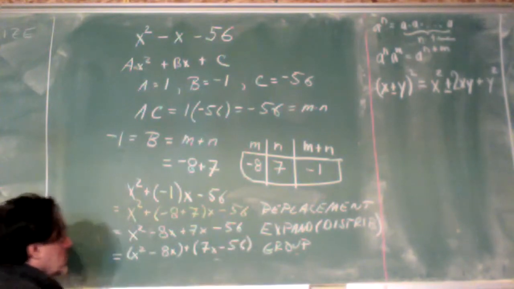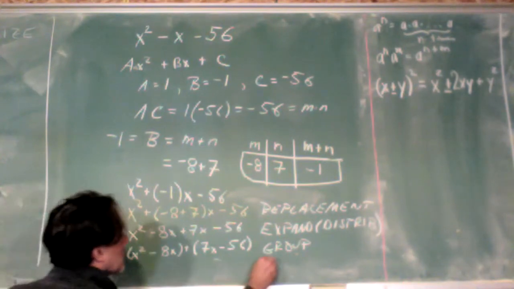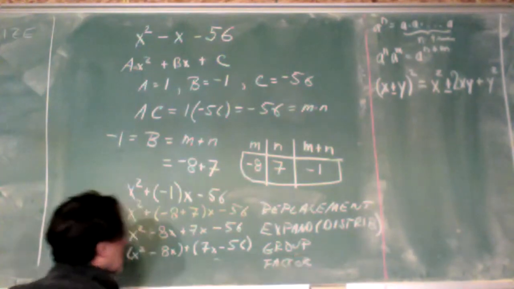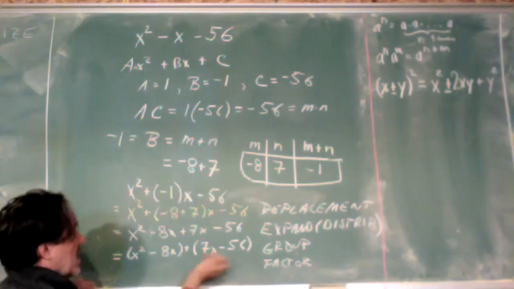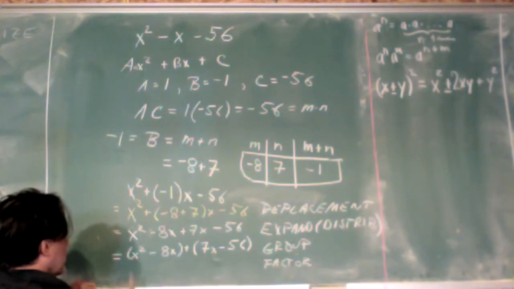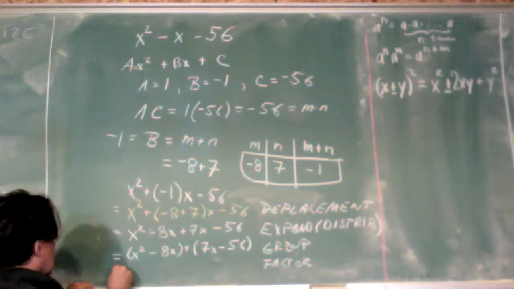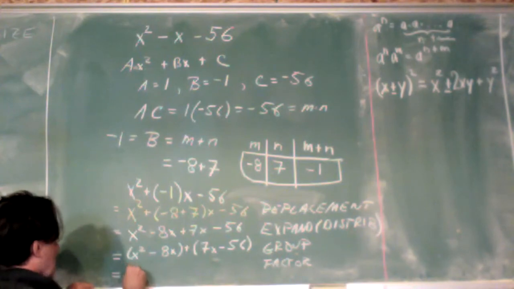Now what do we do? Well, we factor out the GCF of the terms within each grouping. Here I have an X that is common.